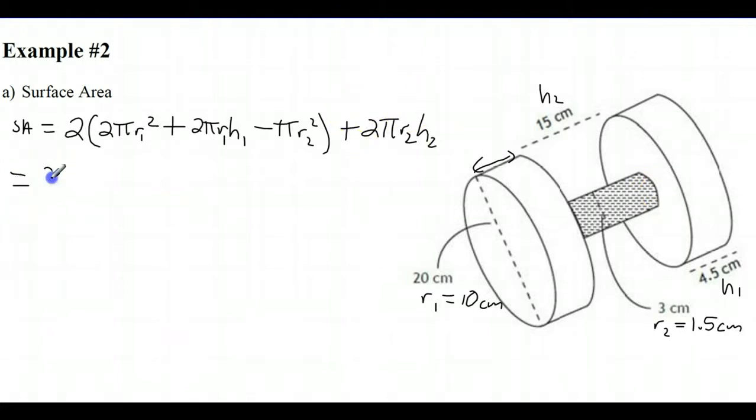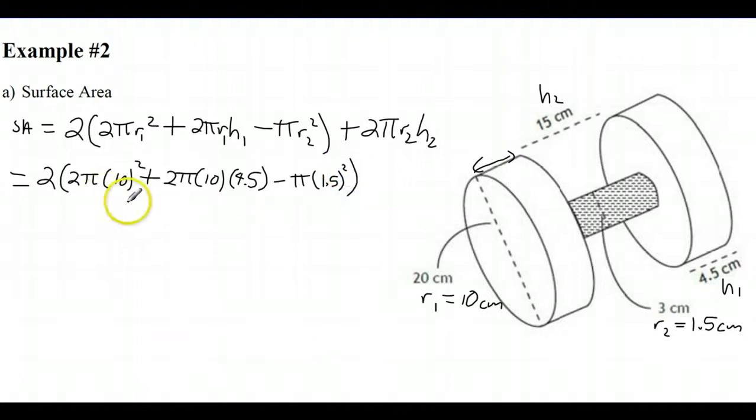Okay, let's go plug in. So 2 pi R1, which is 10 squared, plus 2 pi R1 is 10 and H is 4.5. That's this guy, minus pi R2, which is 1.5 squared.